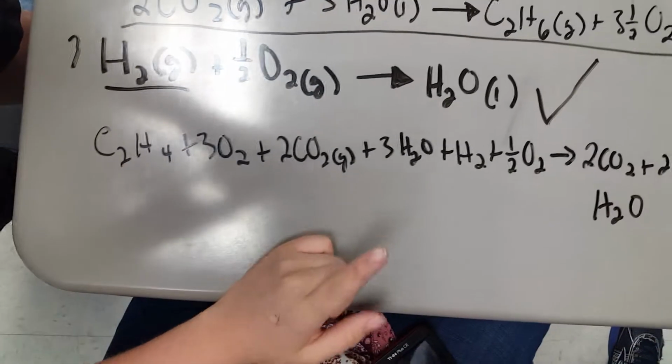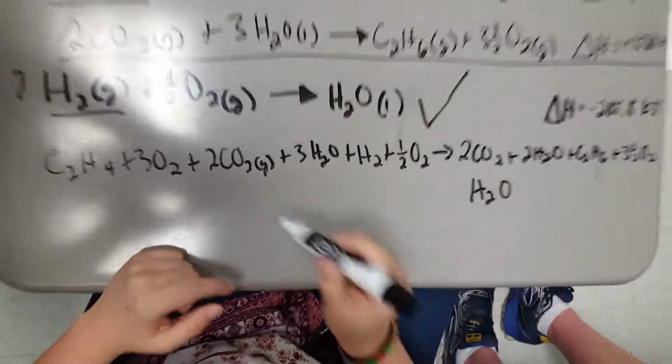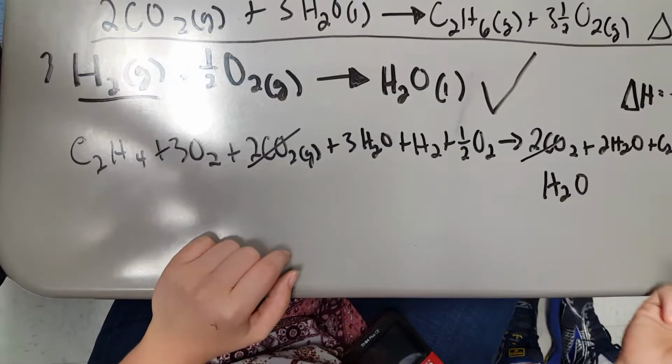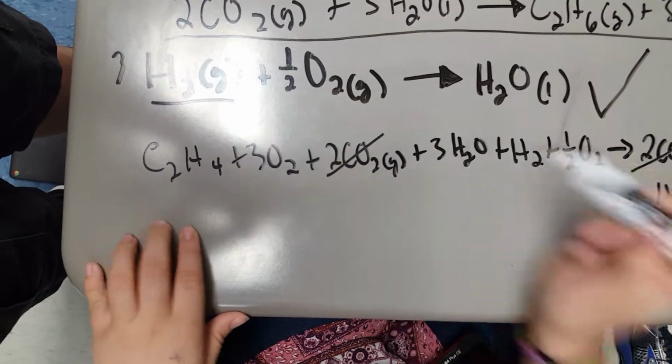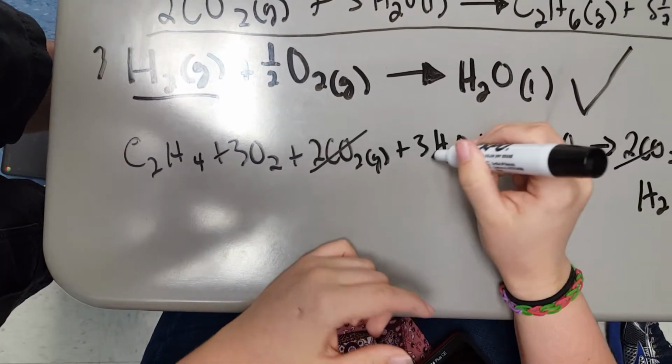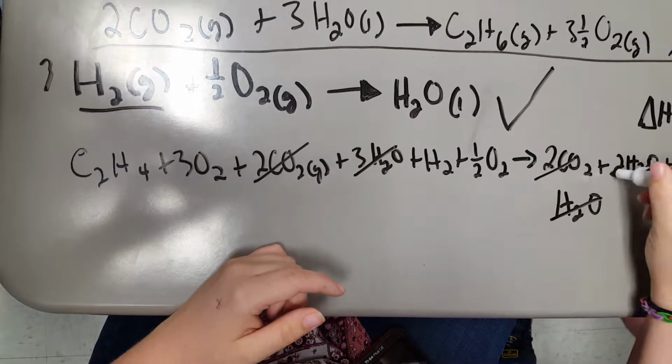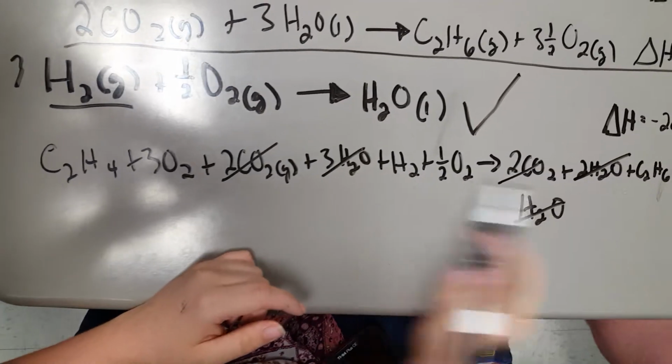So now you have to cross out everything that equals each other. We have 2 molecules of CO2, those are crossed out. We have 3 molecules of water: the last molecule of water plus this molecule of water equals 3.